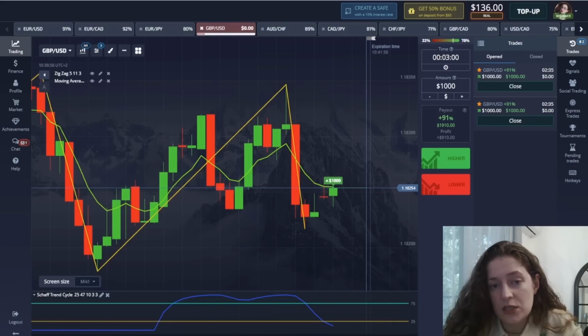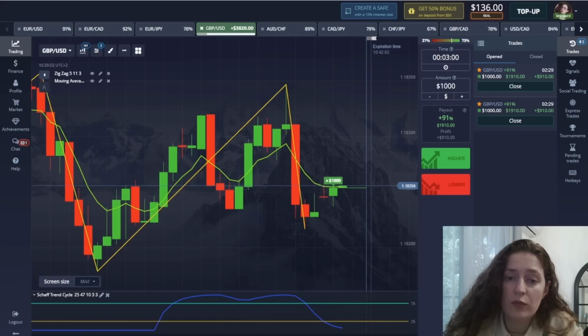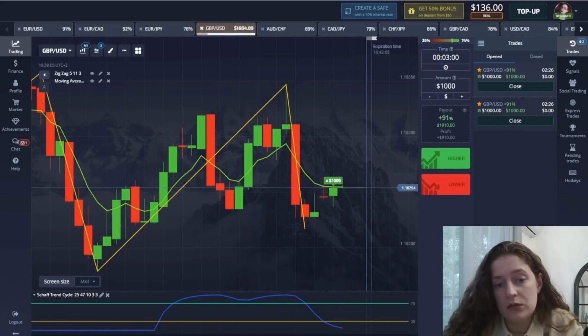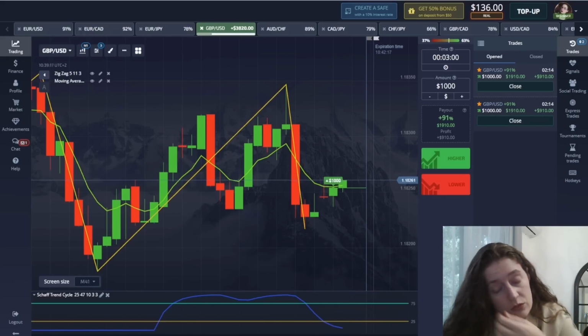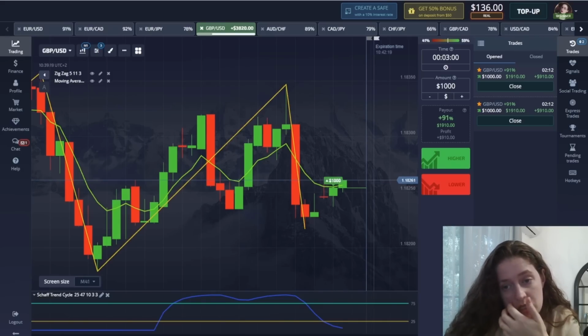As for the Schaff trend cycle, when you enter a buy position, it should be in a sell position and show the extreme bottom point. But note that it should not be in the sell position for a long time, because a long sell position means that the trend is going in a downward direction.